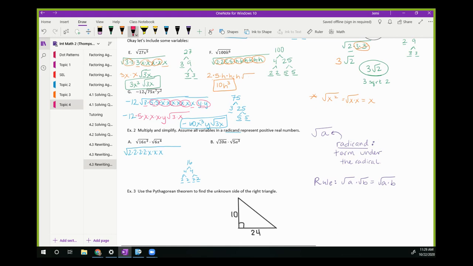Then I write out the prime factorization of 6. What two things multiply to 6? 2 and 3. Now I'm going to put this right underneath the same radical. I'm just going to multiply it to the previous terms. So I have 2 times 3 times, and then x to the fourth, x times x times x times x.